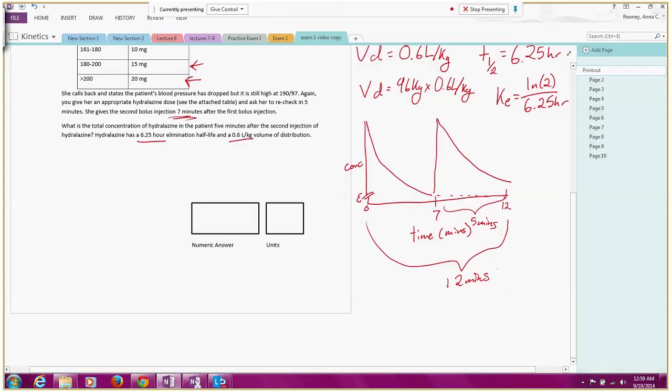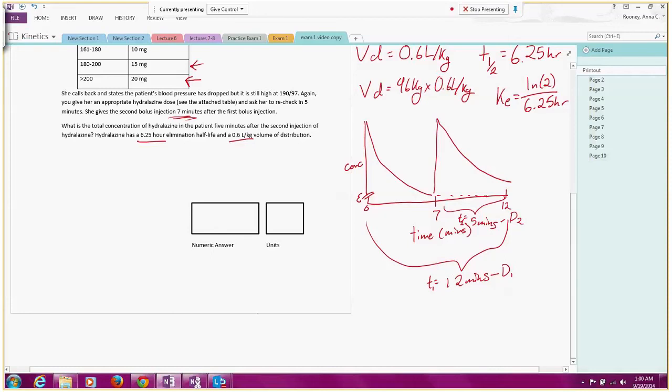So our dose 1 has been running for 12 minutes, and our dose 2 has only been running for 5. So that's the times for those ones. So this I would say is T for dose 1, and this is T for dose 2. So if you want to put a little 2 or a little 1, that'll help. Whatever floats your boat, guys.